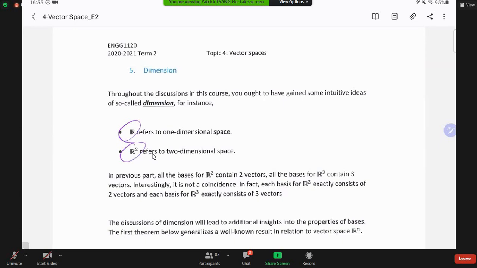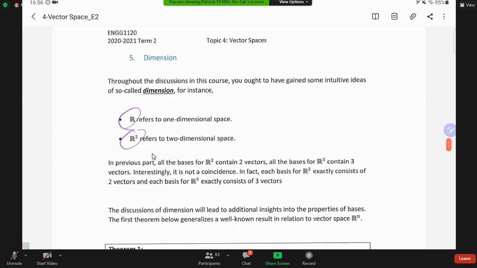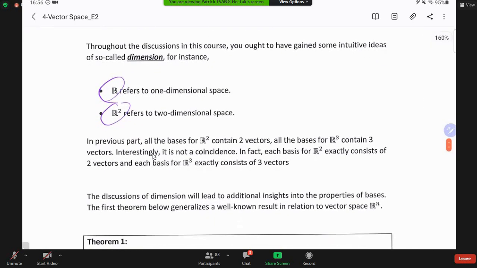So when it comes to dimension or dimensional space, this is not a new concept to all of us. I would like to give you several ideas in this section and connect them with what we have learned before. In the last part, all of the bases for the R2 space contain 2 vectors.